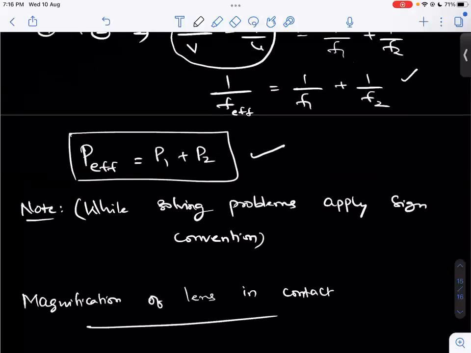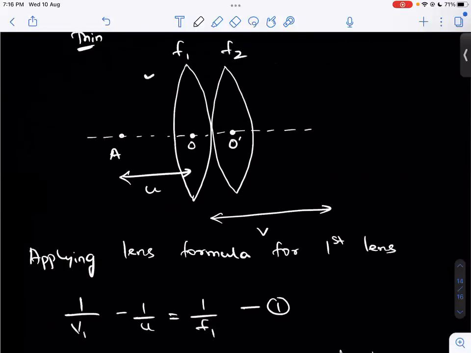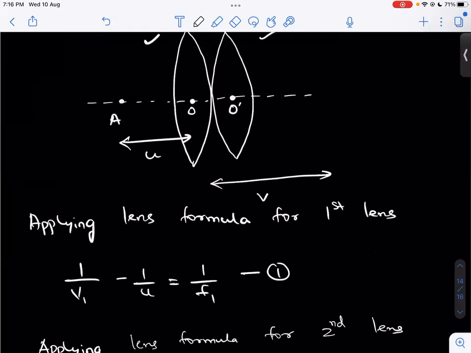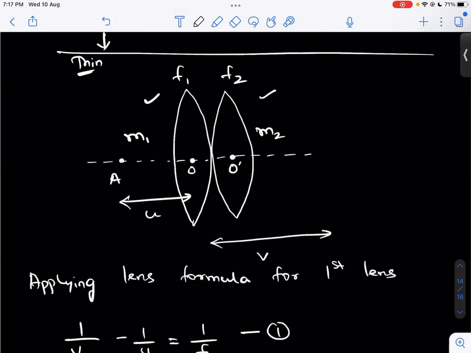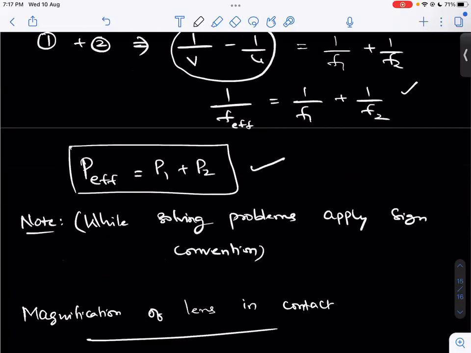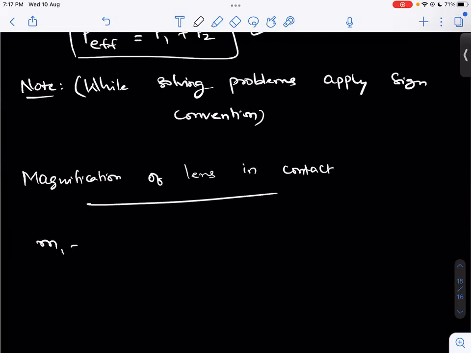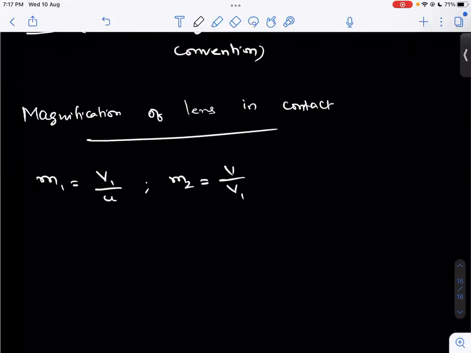Okay. So we saw that there are two lenses of focal length f1 and f2 which are placed in contact with each other. Let's say the magnification produced due to lens 1 is m1 and lens 2 is m2, then magnification due to lens 1, m1, will be equal to v1 divided by u, and the magnification due to the second lens, m2, will be equal to v divided by v1, right?